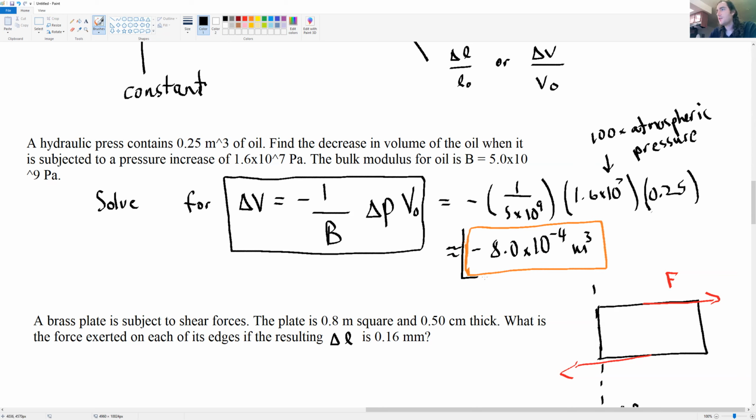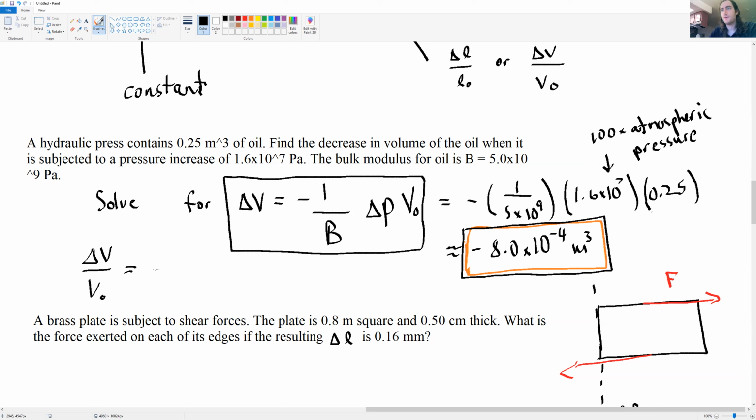Okay, so any questions about that one? Okay, so the second thing that I asked the student who already finished, just so they'd have something extra to do, is just calculate delta V over V0.